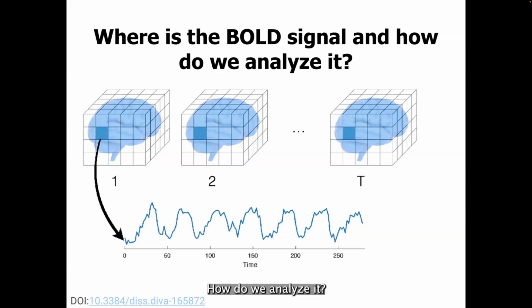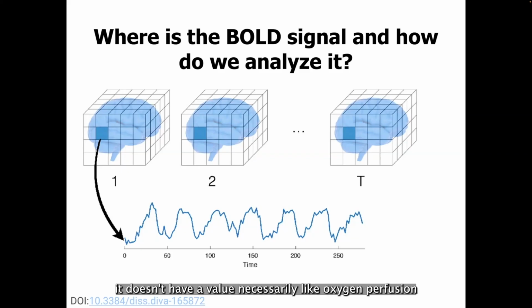How do we analyze it? Well, in the simplest form, what we want to do is look at the same voxel across all those time points, 1, 2, all the way to the end of our time period in the scanner, and plot out that BOLD signal. How much signal do we get?